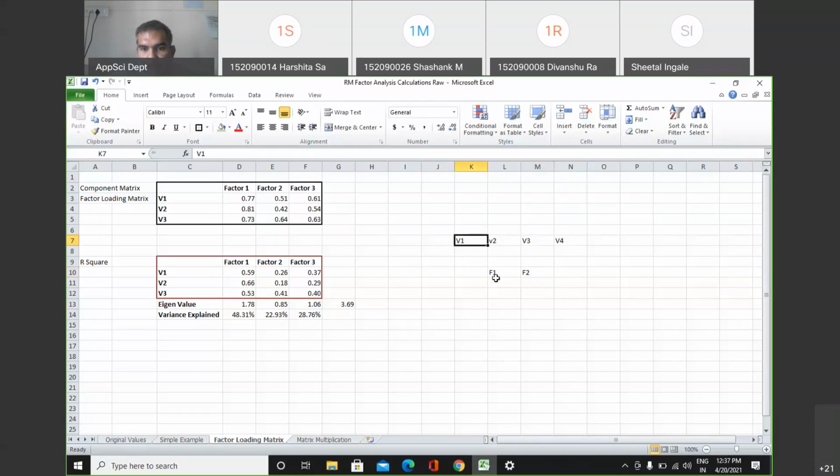And what I was saying is, some part of the variance in V1 will be explained by F1, F2. Not everything will be explained by F1, F2. The part of variation in V1 which is explained by F1 and F2, that is called commonality for V1.